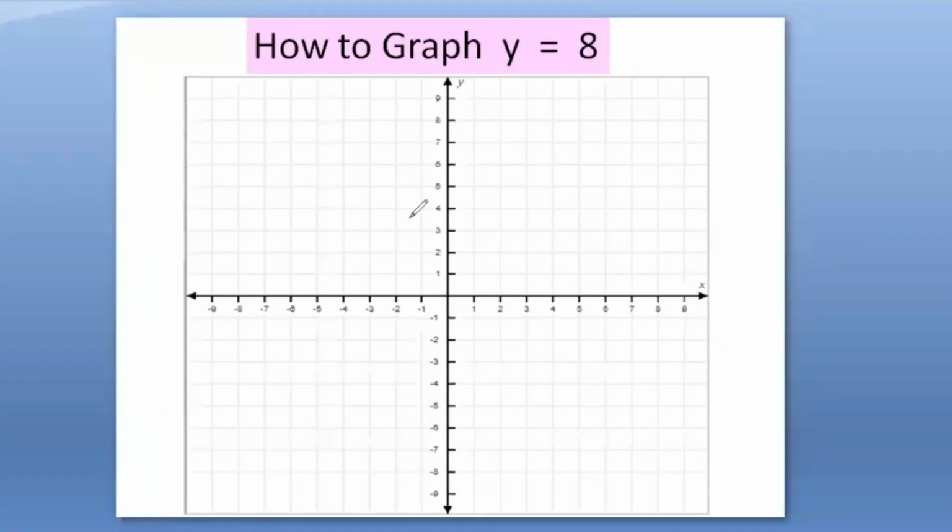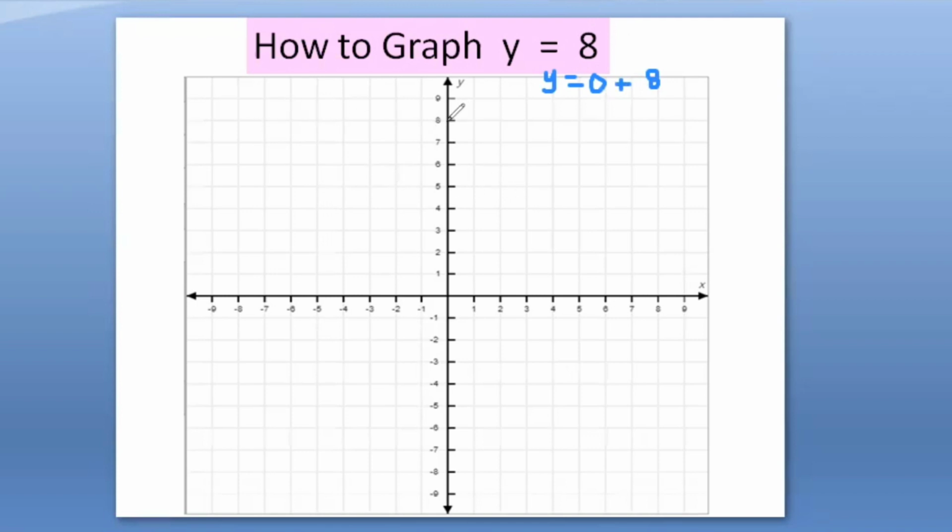Here I take another example: how to graph y equals 8. This equation is also in slope-intercept form, but here the slope is missing. There is no slope term, so we get a horizontal line.